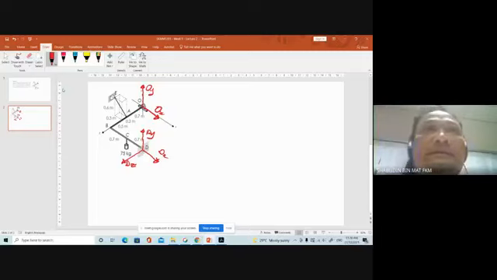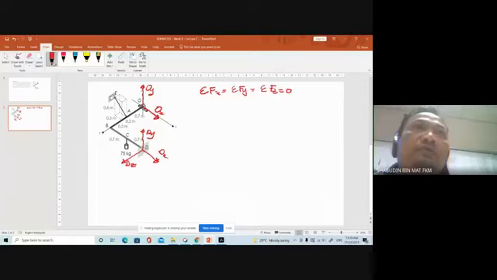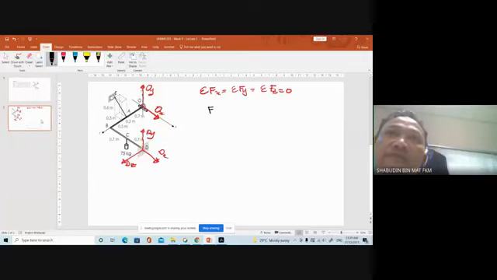Right. So do that for me. The first thing is you have to do summation of force in x is equal to summation of force in y is equal to summation of force in z equal to 0. It's better I mention to you, do a table. How many forces?